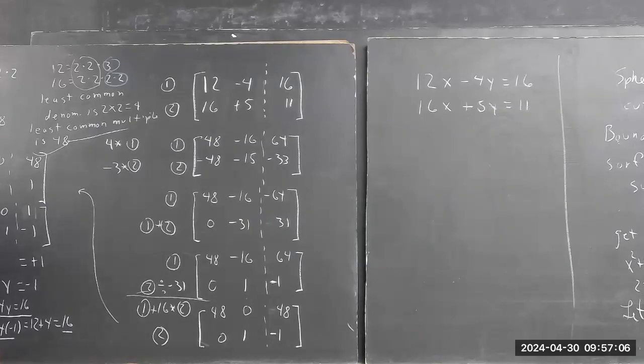And then my second equation is 16x plus 5y equals 11. If I plug in 1 and -1, I get 16 times 1 plus 5 times -1 equals 16 minus 5, which is 11.